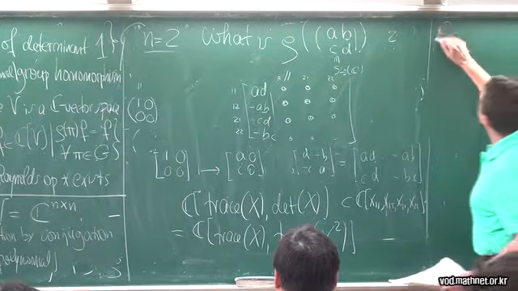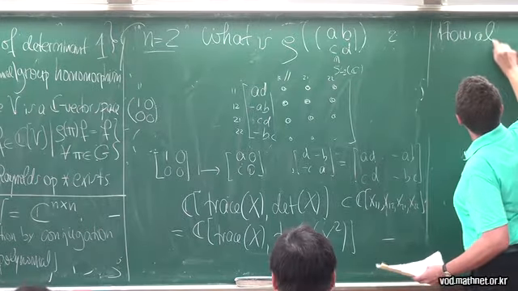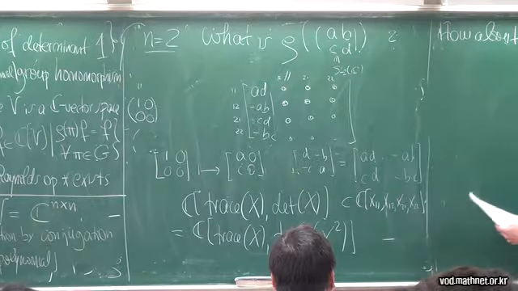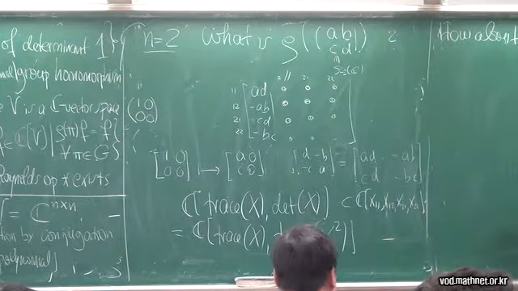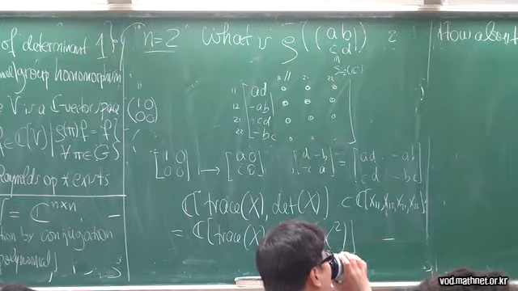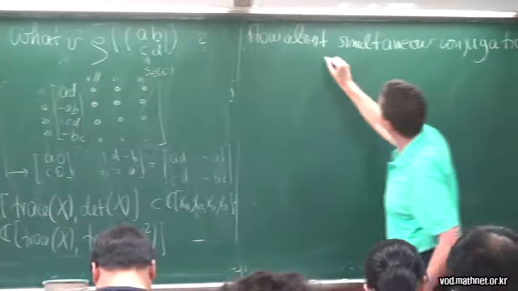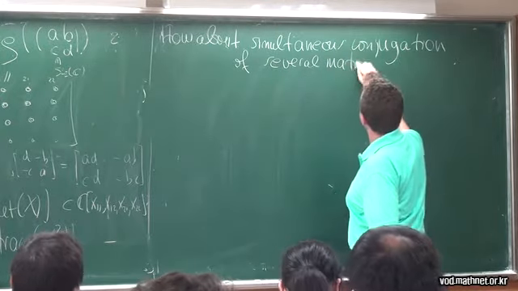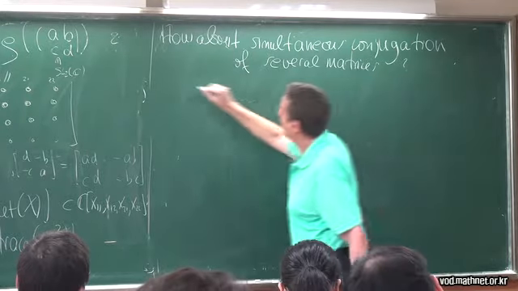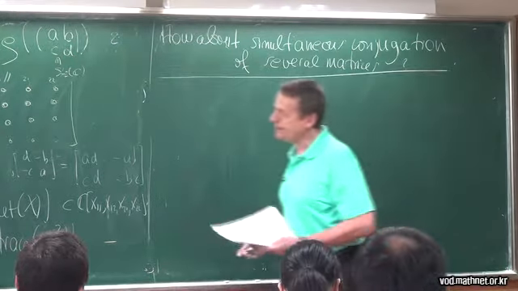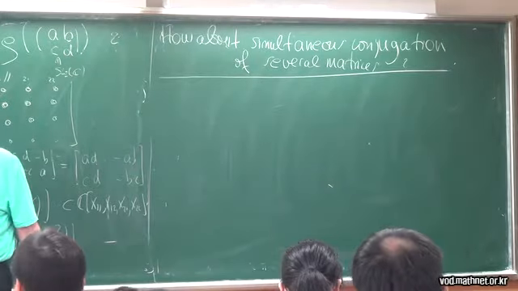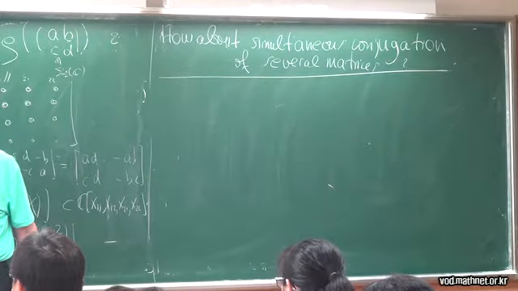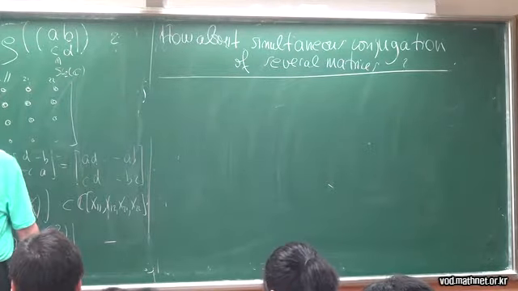How about, very important problem, simultaneous conjugation of several matrices? Now V is not the space of n by n matrices, but several copies of this: this thing, direct sum, this thing, direct sum, this thing.